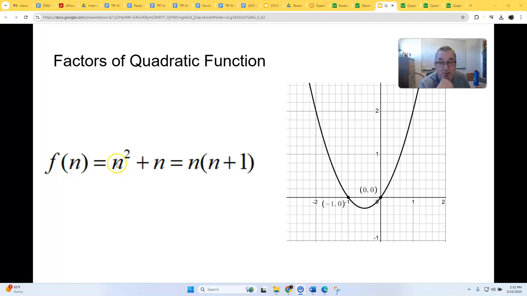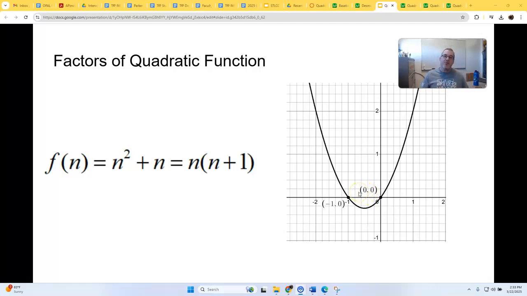If you input a 0 for n, 0 squared is 0, plus 0 is 0. But also, the other 0 would be if you input a negative 1. Negative 1 squared is positive 1, plus that negative 1, positive 1 plus negative 1 is 0. There are 2 values that would make that output of 0.